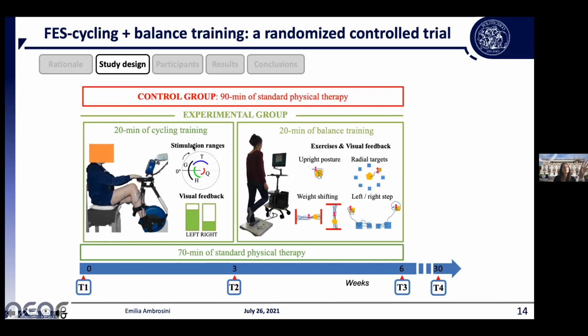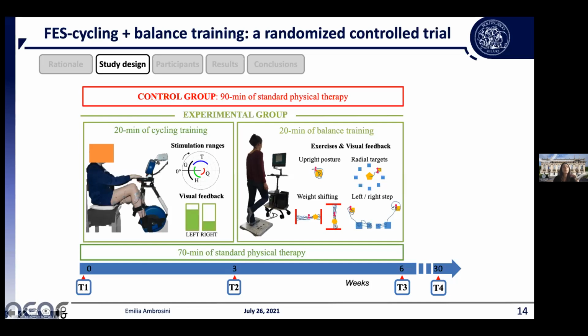And the intervention was designed in this way. In the first 3 weeks, every day, so for 15 sessions, the patients were performing cycling training augmented by FES. And in this plot here, you can see the stimulation ranges that were used in order to synchronize FES with the cycling movement.